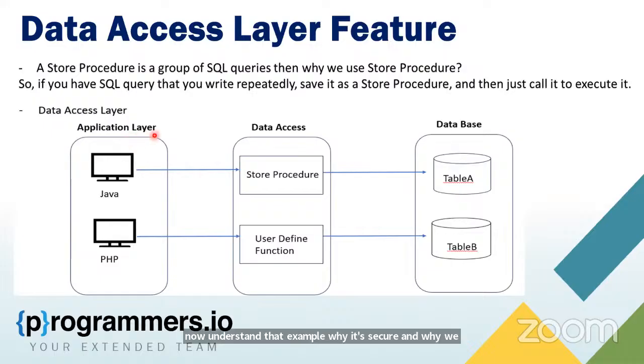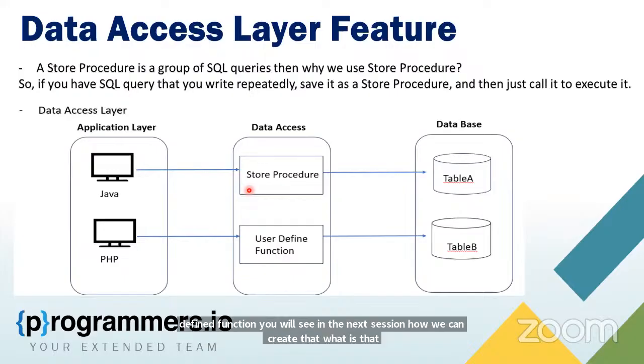So this is our application layer, and this is the web backend technology, written in Java and PHP. This is Java or PHP code that is calling the stored procedure. You can call a UDF also, a user-defined function. You will see in the next session how we can create that and what it is, but now focus on the stored procedure only.